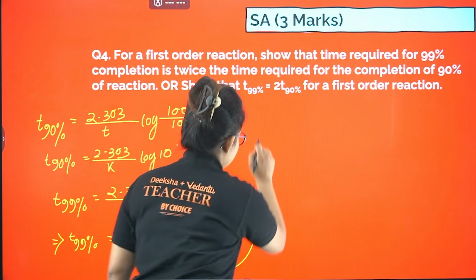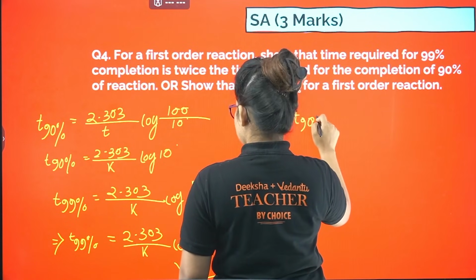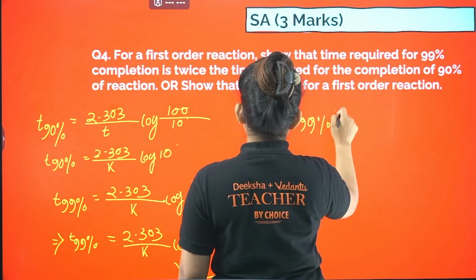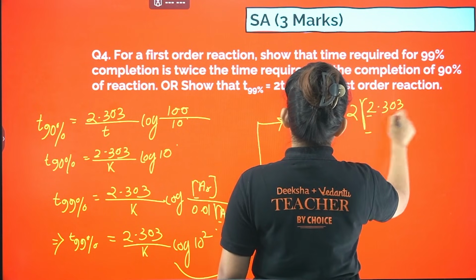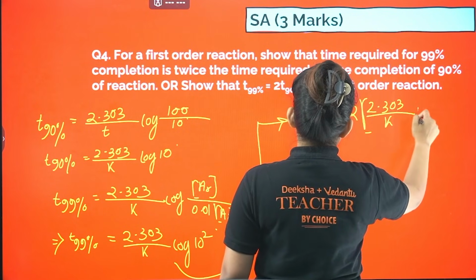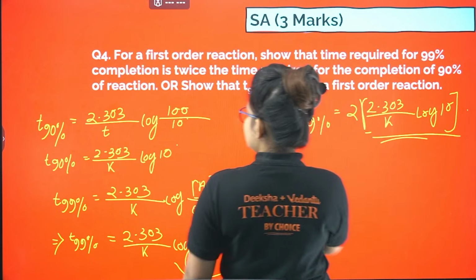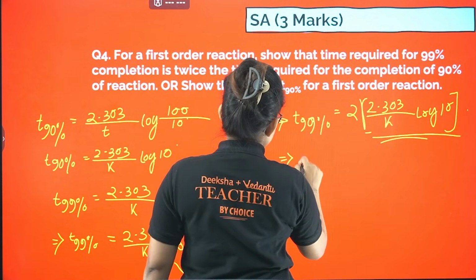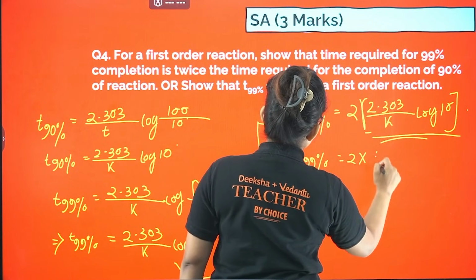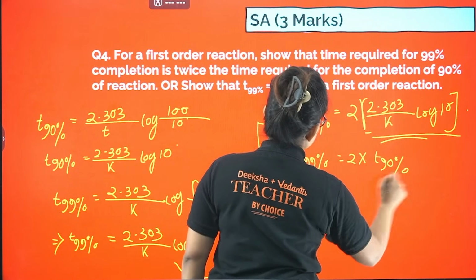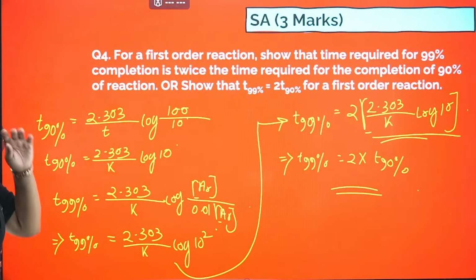Okay, from here I can write T99% is basically 2 times 2.303 divided by K into log 10. Okay, so what is this? This is nothing but T90, right? So T99% is basically 2 times T90%. Proved. Okay, I guess this is clear to you. Yeah, let's proceed.